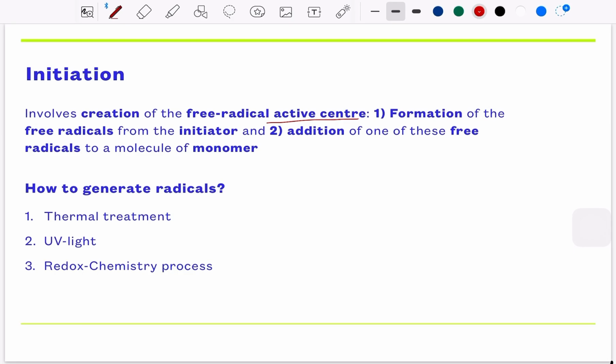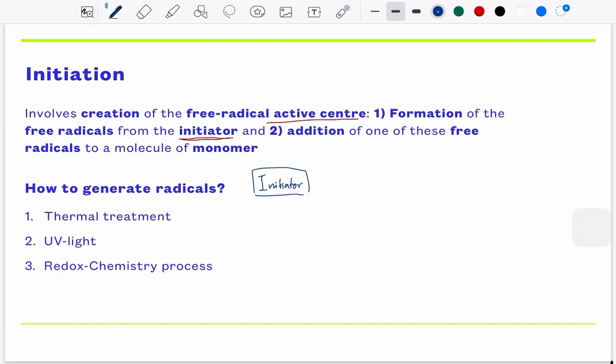Of course, we get this radical from the initiator. And then we add these free radicals to the monomer. How to generate these radicals? You have the initiator, but if we just use it as it is, it will be useless.